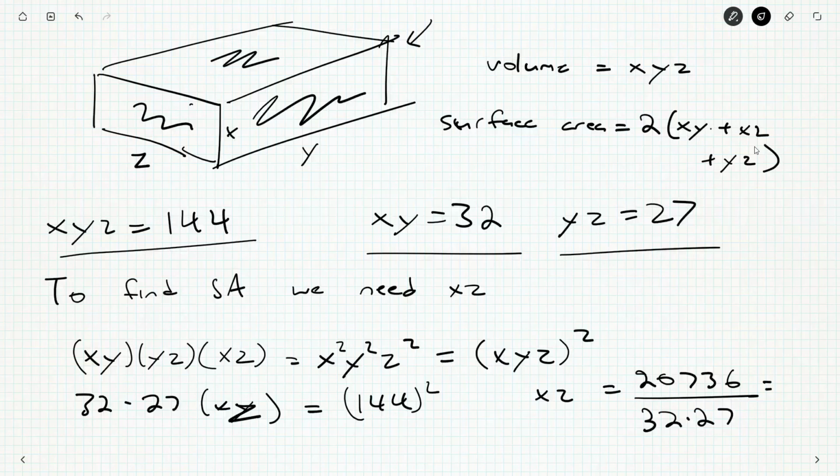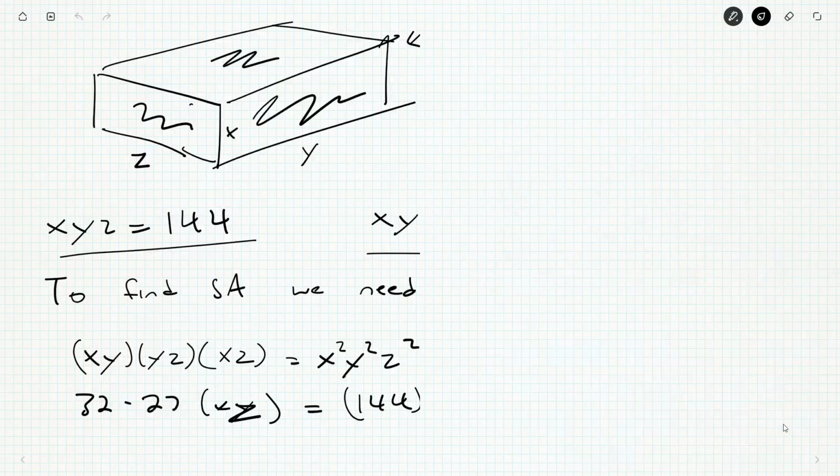Alternatively, you could say it's 12 to the 4, so it's going to be 2 to the 8, 3 to the 4, over 2 to the 5, 3 to the 3. So those will cancel, and it's going to be 8 times 3, 24. Okay, we can just double check on the calculator.